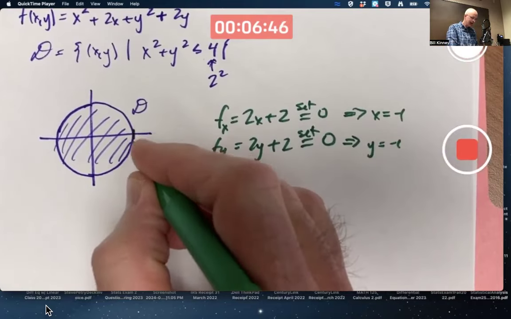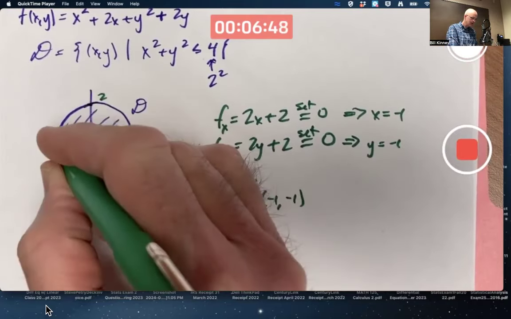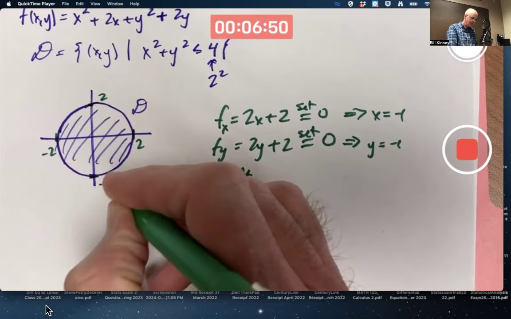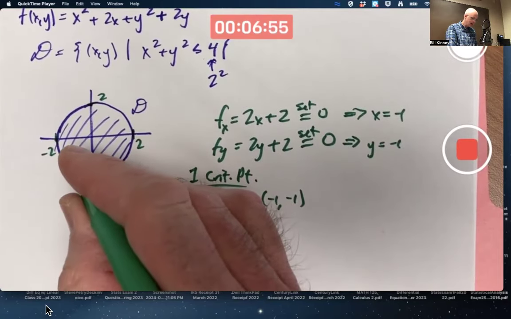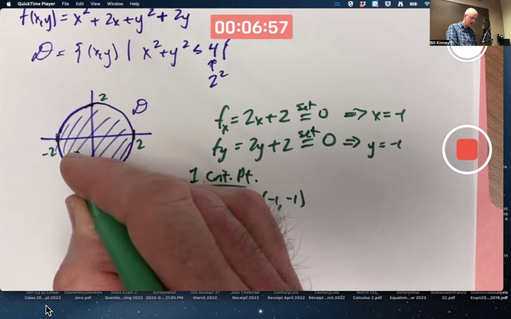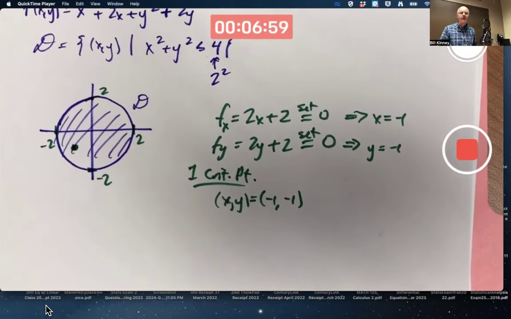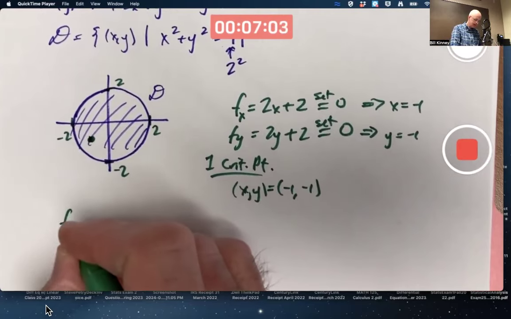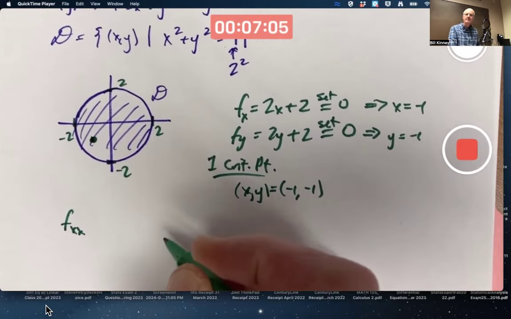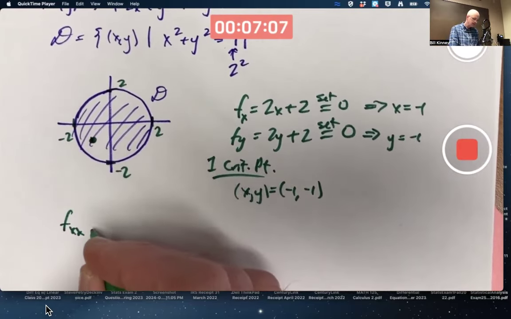This circle again has radius 2. So this critical point is somewhere in this ballpark, right in there somewhere. We can use the second derivatives to figure out if it's a max or a min or a saddle point.